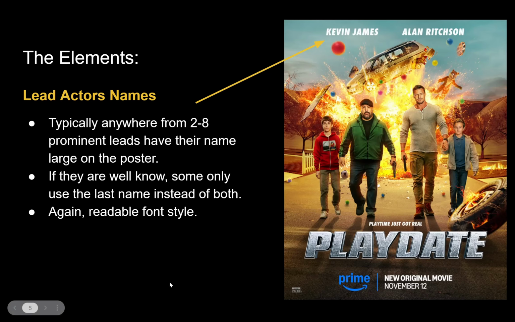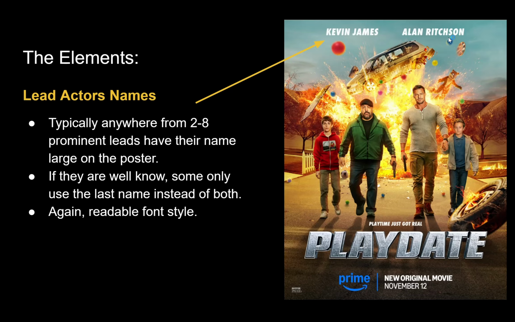The lead actor names. Generally, there's two to maybe seven or eight actors that get top billing in a movie. Their names are often highlighted somehow as the prominent lead, so says their contract, right? They're often well known. Sometimes they use their first and last names.